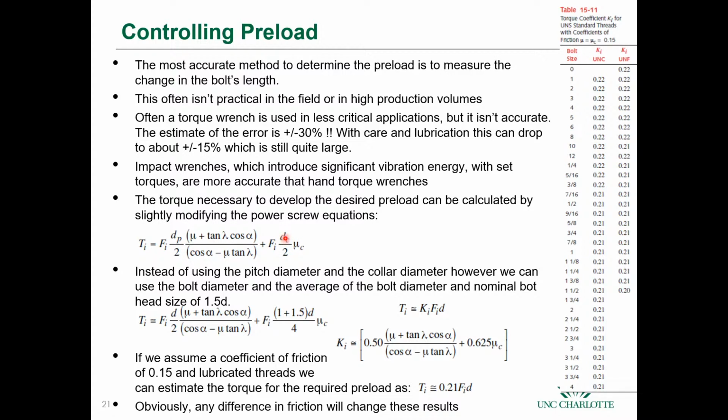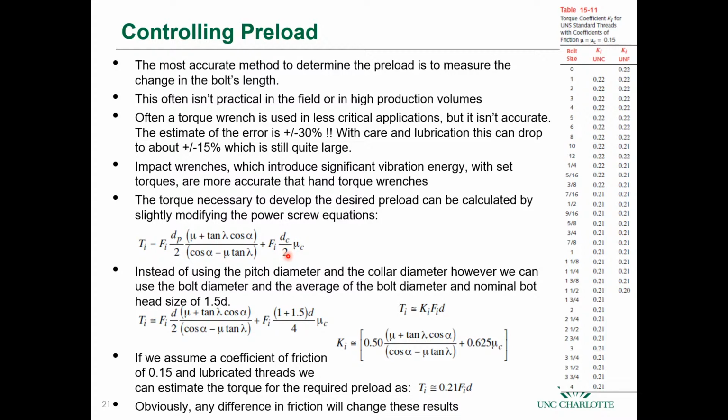All we have to do is replace this pitch diameter by the nominal diameter of the bolt, and then we'll use a collar diameter that's just the average of the bolt diameter and nominal head size, which is 1.5 times the diameter.